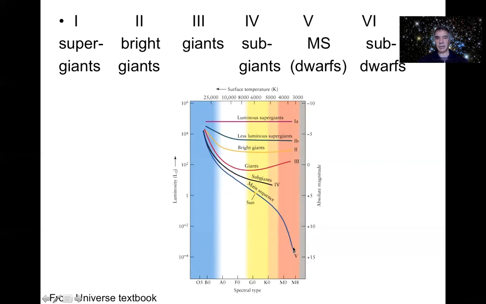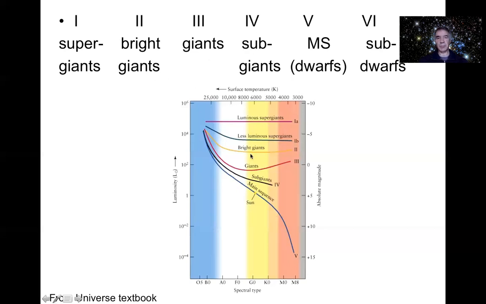So again, here's an HR diagram with where you find these luminosity classifications on it. Anything on the main sequence would be luminosity class 5. So they would have those broad lines like I just showed you on the bottom spectrum. Anything above that is going to be more luminous, and so you've got various types of giants.